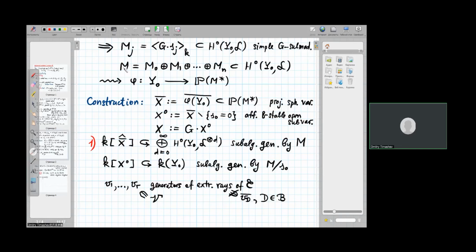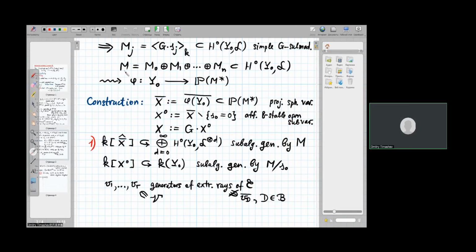S sits in M, and the value of Vi at S is the minimum of values of the projections of S to these summands. But the value of Vi at each of these summands is constant. This we also discussed when we discussed G-invariant valuations. So the value of Vi at each of these projections is the same as the value of Vi at Sj, the generator of this simple module.